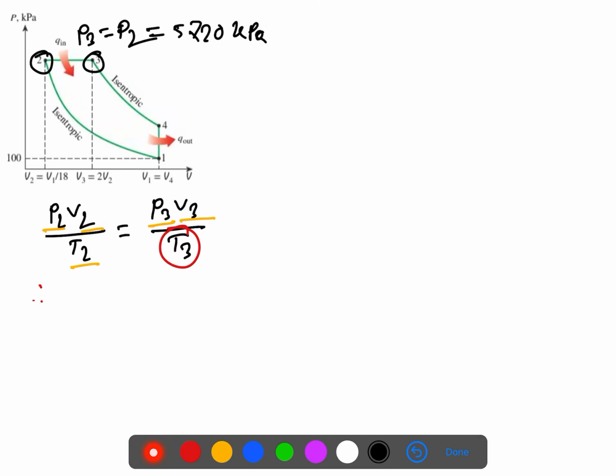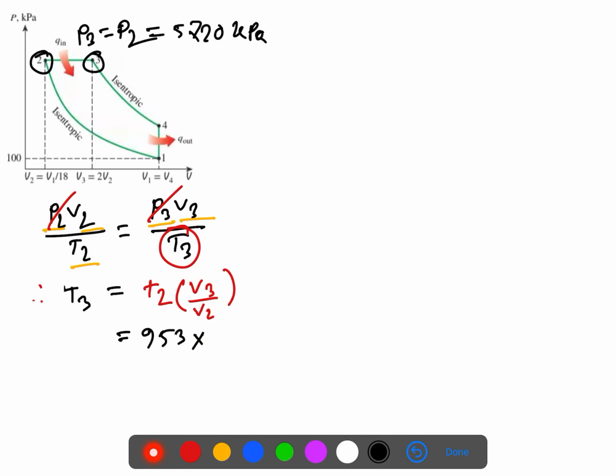So it will be kind of like this. T3 equals, as P2 and P3 are the same, you can cancel them out. That will make it easier for you. So then it will be T3 equals T2 times V3 over V2. Now substitute all the values. We know T2 is 953.